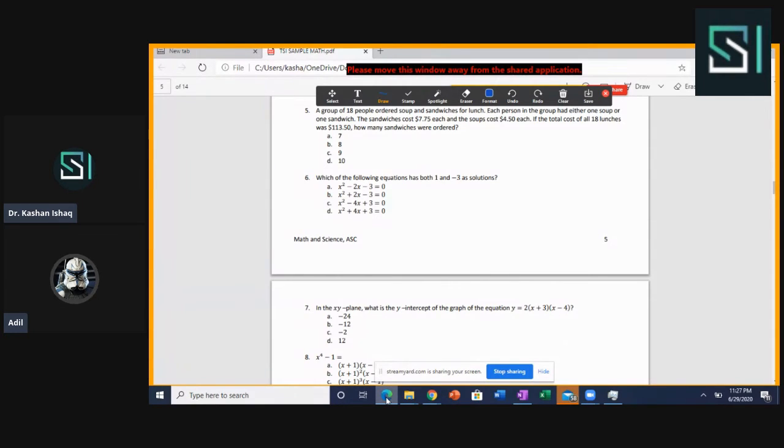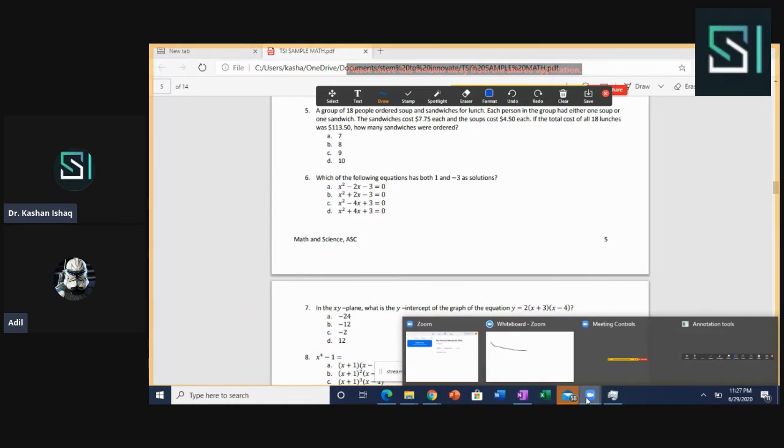You have a Zoom open, so why don't we just get to the Zoom and do that? So x squared -2x. You want to start with x squared -2x -3, and then do the opposite, x squared +2x -3.